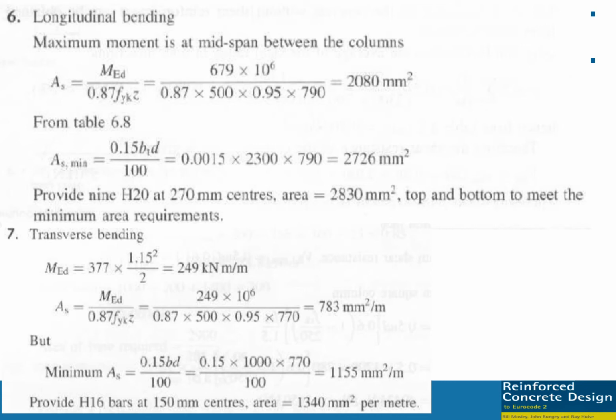For z we have 0.95d. How to decide the 0.95 or another value, you can refer to the previous topic to get the z value. From this, the As required to support the middle span of the footing is 2080 square mm.